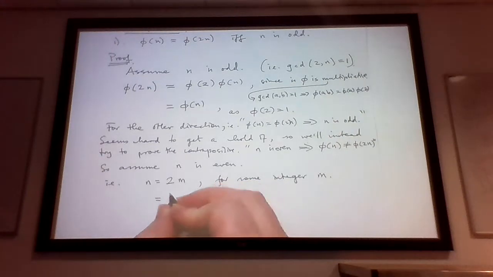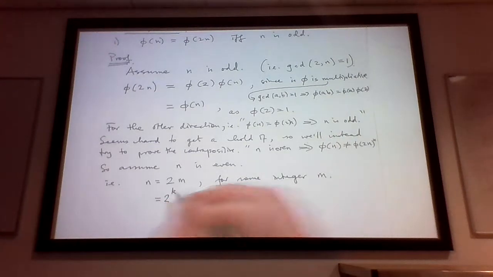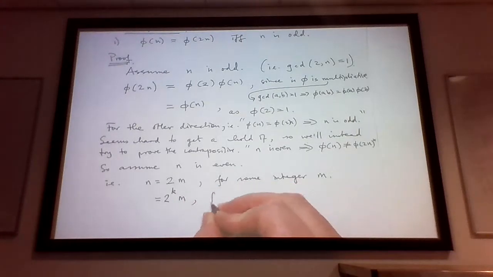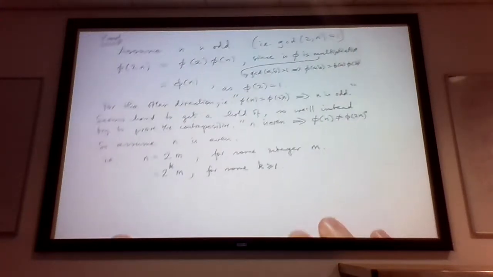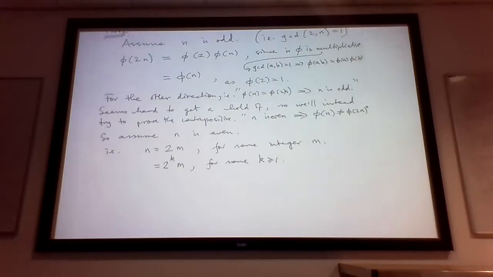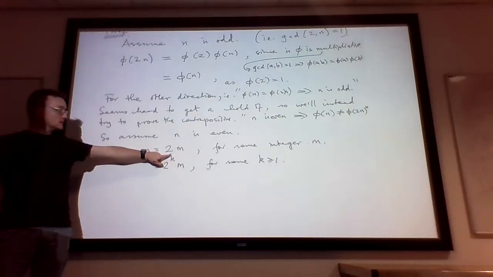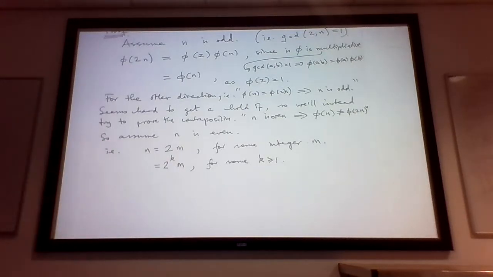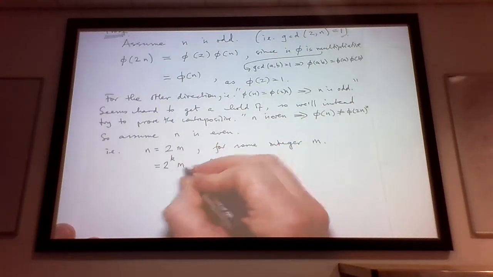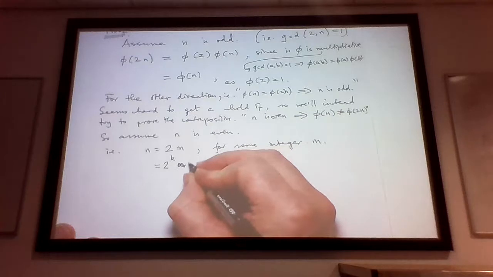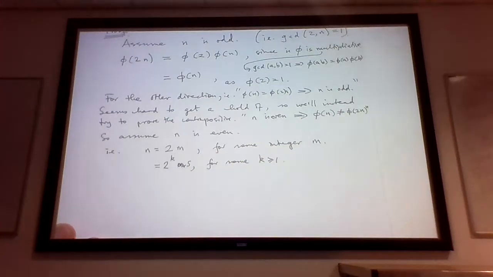So keep going. I can take maybe some number of 2's out, for some integer k greater than or equal to 1, because I know n is even, so there's at least one factor of 2 in there. Actually, I won't call it m, because I just called that, so let's call it s.